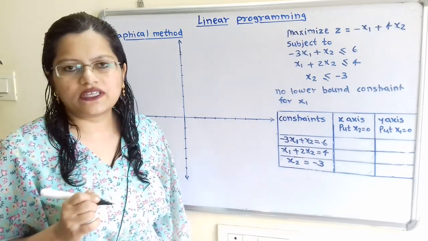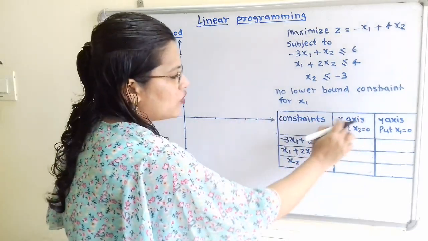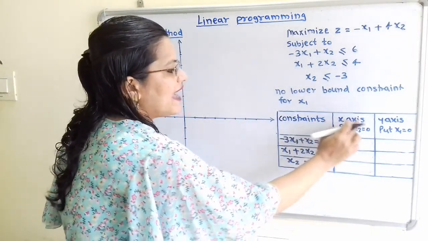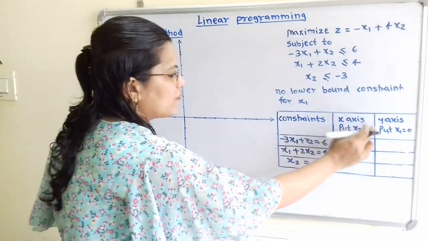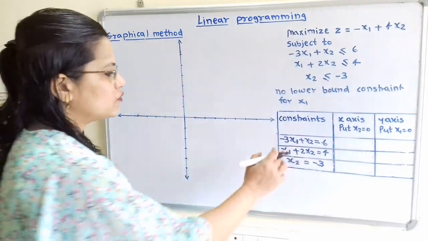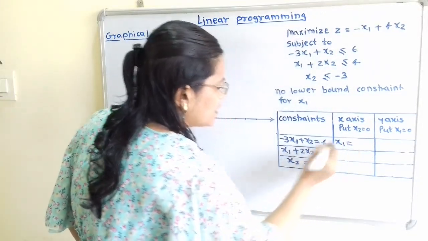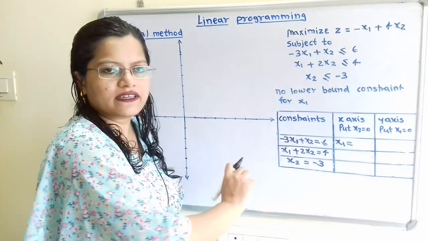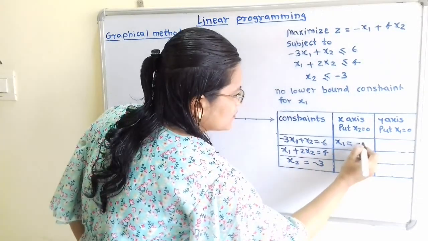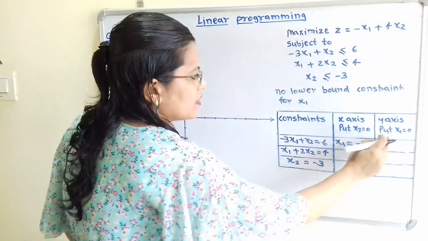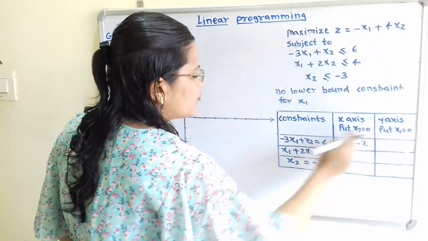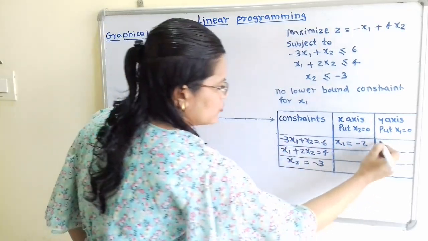Now we will move to the next column, that is how to plot the values on x-axis. For that we have to put x2 is equal to 0. When we put x2 is equal to 0, then x1, transferring minus 3 to the right hand side, is minus 2. Now on y-axis we have to put x1 is equal to 0.